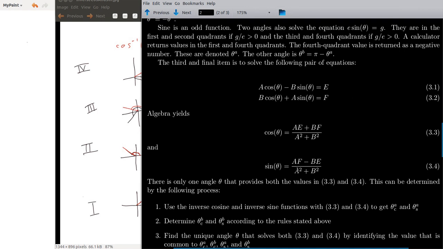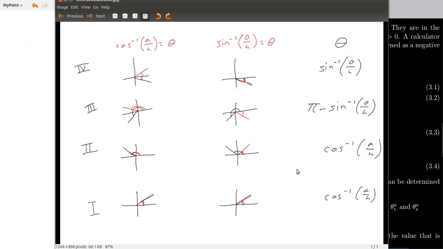Well, then for inverse sine, the calculator is going to tell you that the angle is in the fourth quadrant. And so for the situation where inverse cosine tells you that the angle is in the first quadrant and inverse sine tells you it's in the fourth quadrant, then you know that's the case where the angle is actually in the fourth quadrant. And so the value given by the inverse sine function is the actual value for theta.